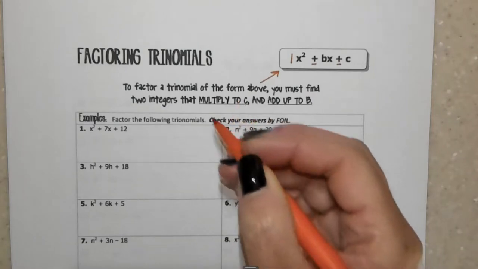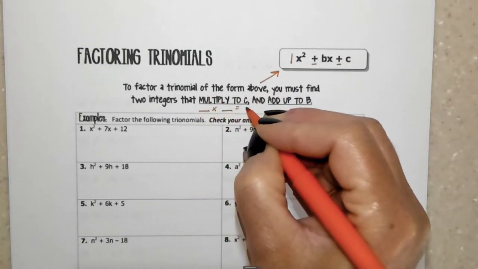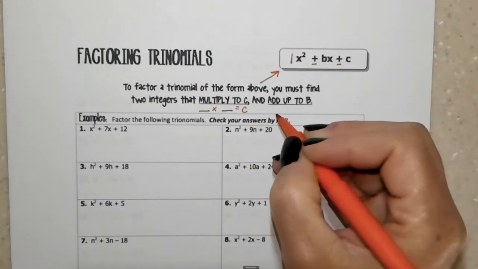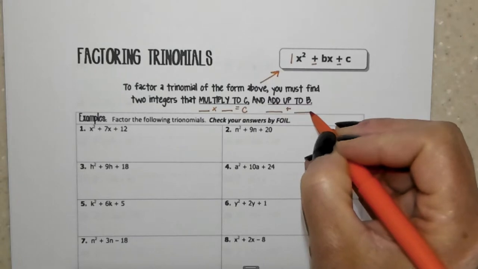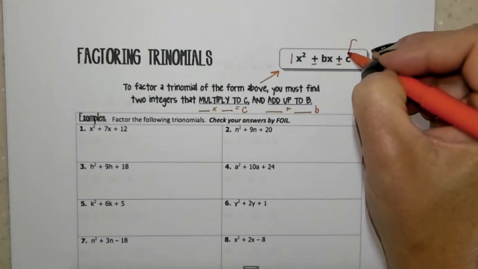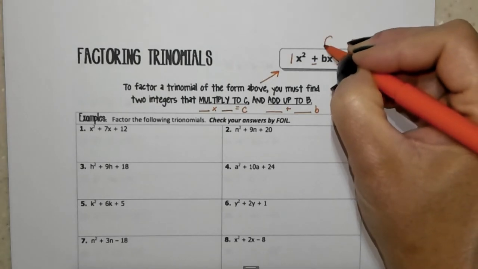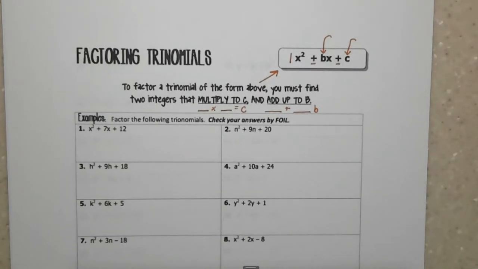So you're looking for 2 numbers that multiply to get c, and those same 2 numbers have to add up to b. So they have to multiply to get this, and they have to add to get that. Right? So understanding factors of numbers and understanding fact families, super important here.